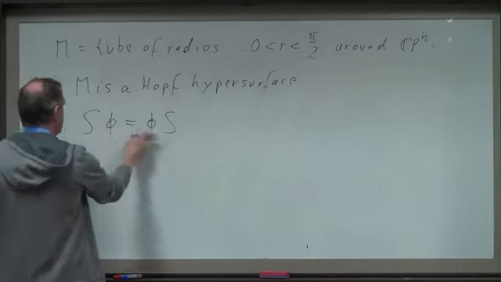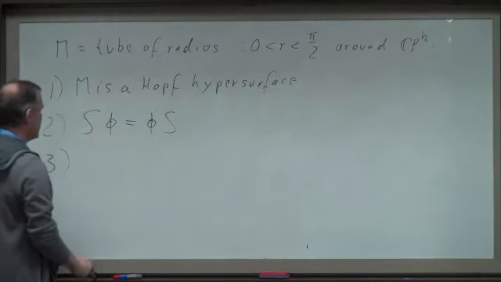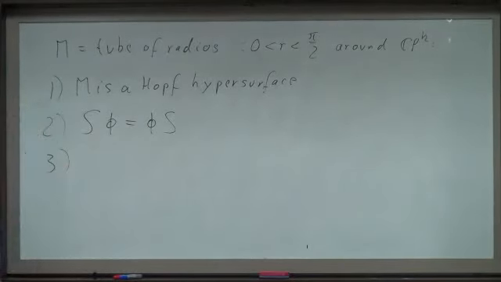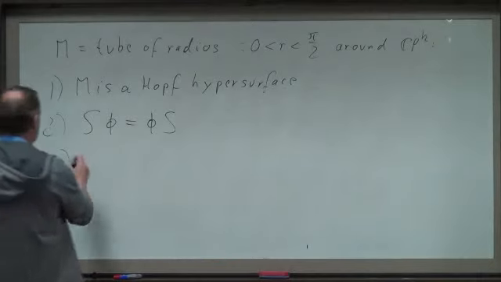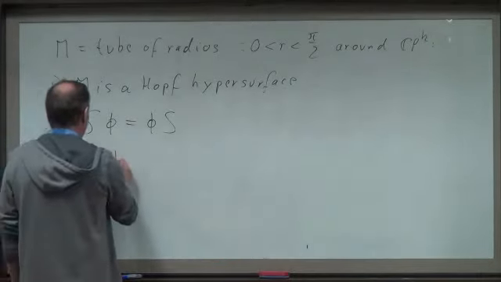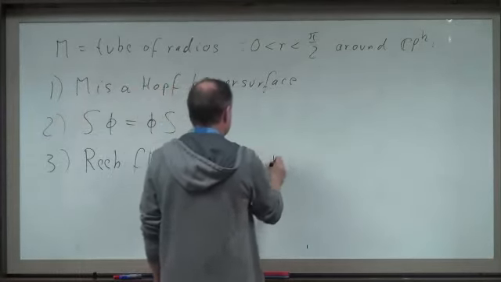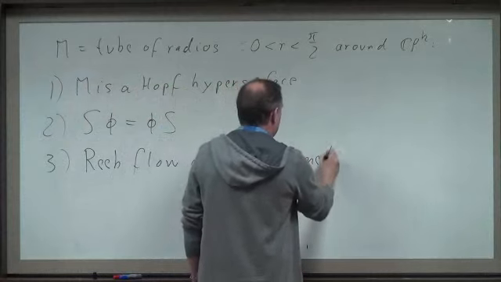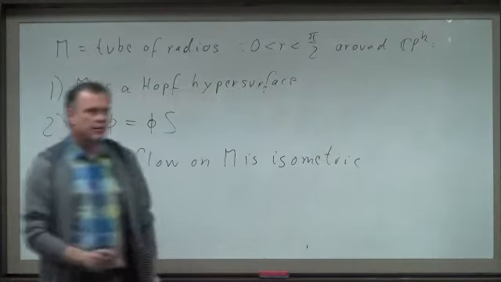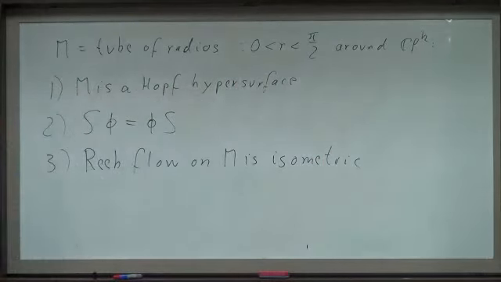It is known that this condition is equivalent to saying that the Reeb flow, the flow on the hypersurface coming from the Hopf vector field, is isometric. So the Reeb flow on M is isometric, which is a nice geometric property for the hypersurface.